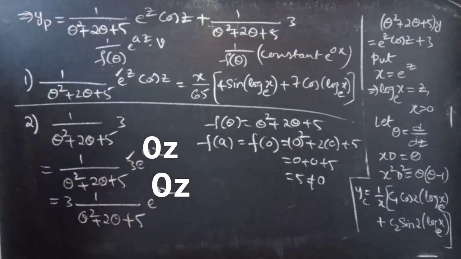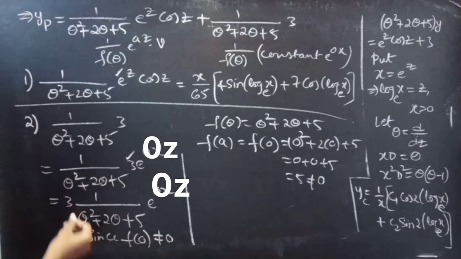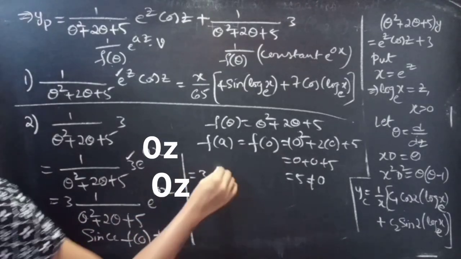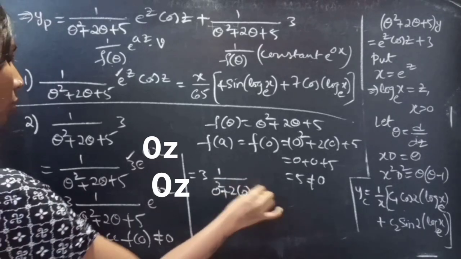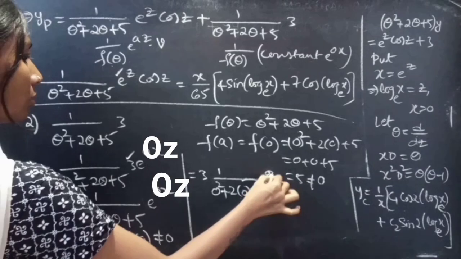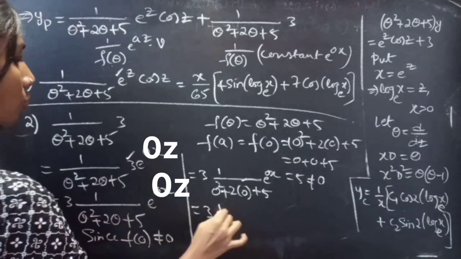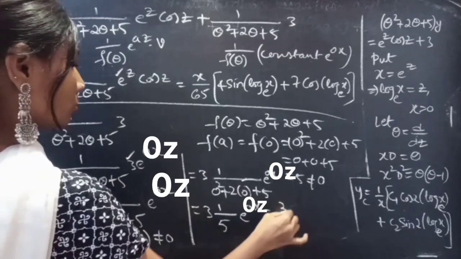Since f(0) is non-zero, this becomes 3 into 1 by (0² + 2 into 0 + 5) into e^(0z).